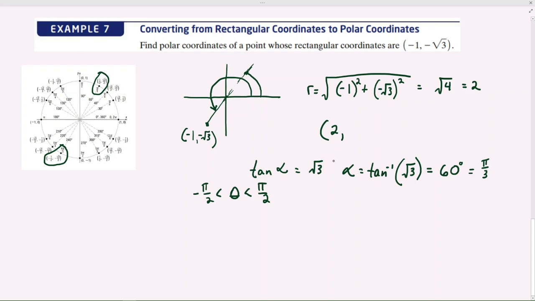So the two angles that have a positive square root of 3 for their tangent are pi/3 and 4pi/3, but we need this to be in quadrant 3 because of the coordinate we started with. We know that, so we're going to use 4pi/3. So there's our angle. So the polar coordinate that matches this rectangular coordinate is 2, and along the angle 4pi/3.